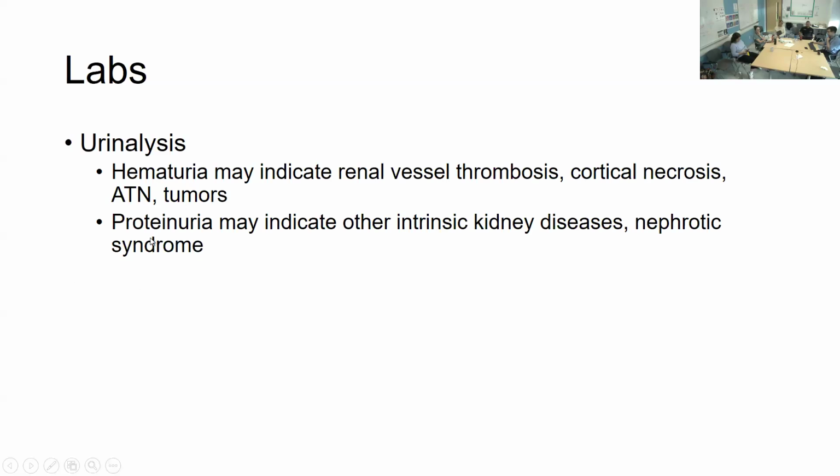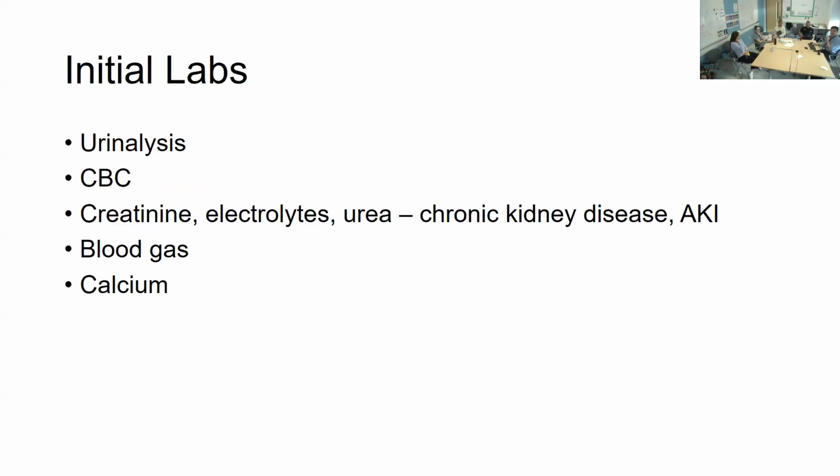And then if there's significant proteinuria, which again can be tricky early on, depending on what other factors might be happening. Any other labs? So your UA, your CBC, creatinine, lytes, urea, this all gives you an idea about whether there's chronic kidney disease or AKI.